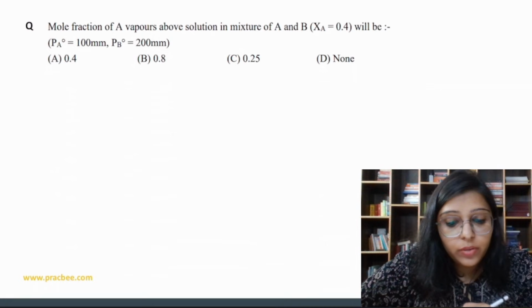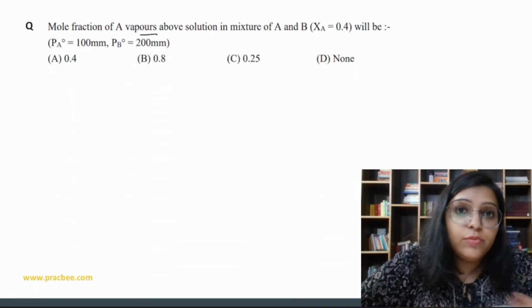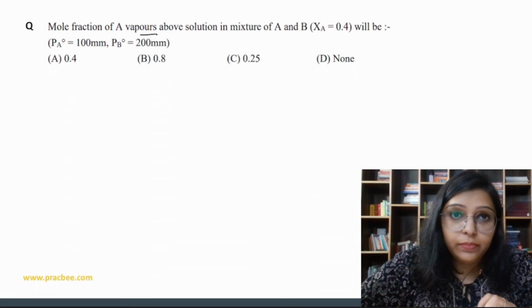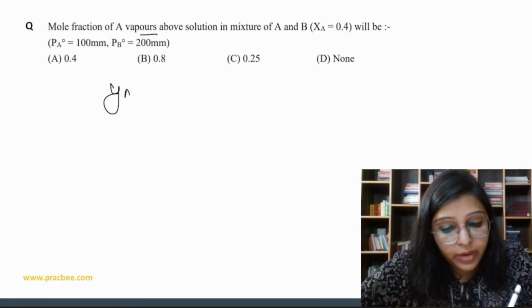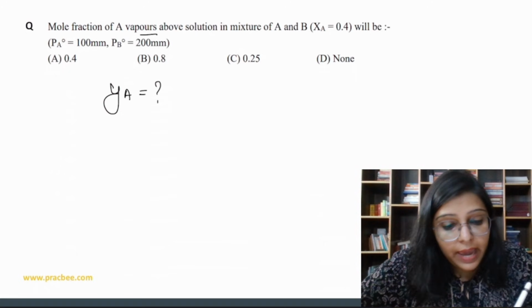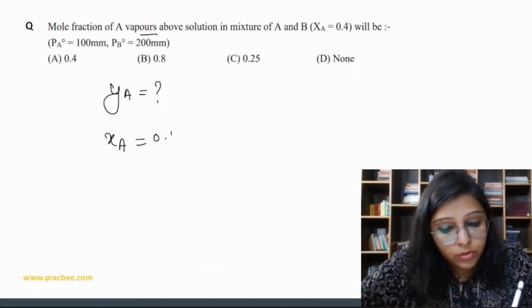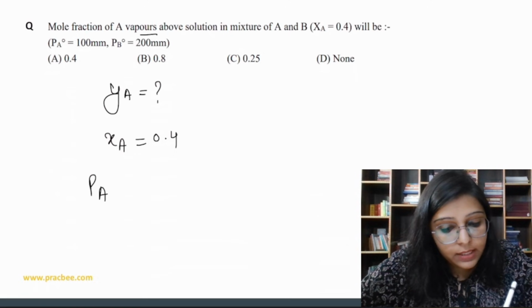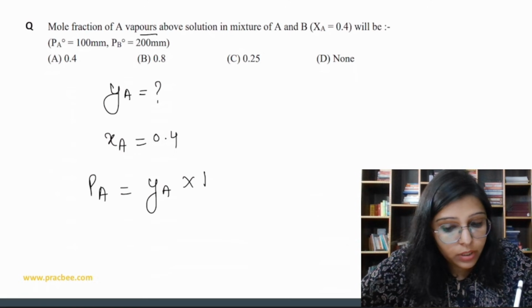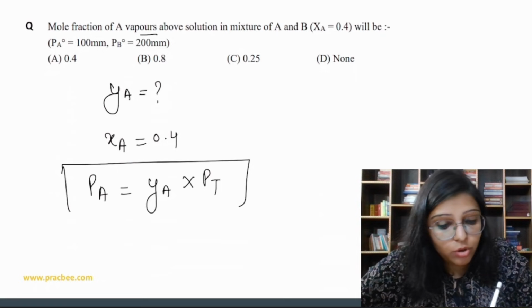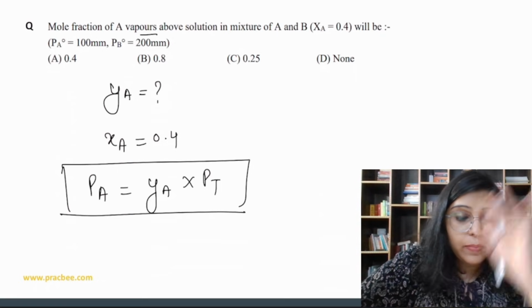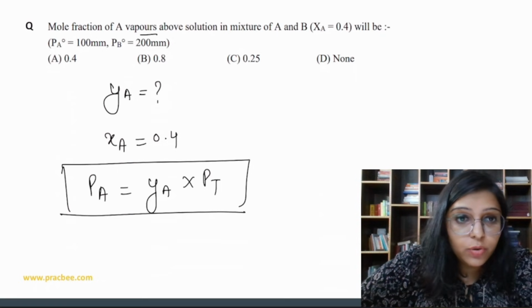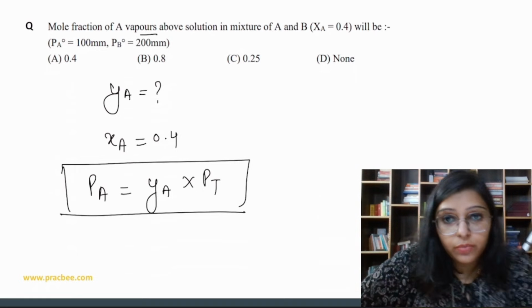Now, the next question, that is on vapor. The mole fraction of A in vapors above the solution in a mixture of A and B will be, it means you have to find YA. XA is given 0.4. So PA is equal to YA into P total as per Dalton's law of partial pressure. The partial pressure of a gas is equal to the mole fraction of the gas into the total pressure.